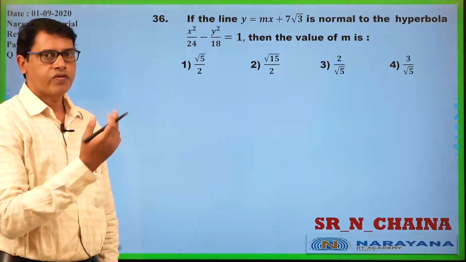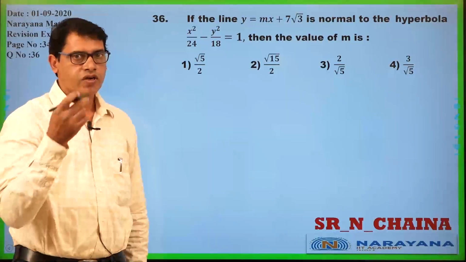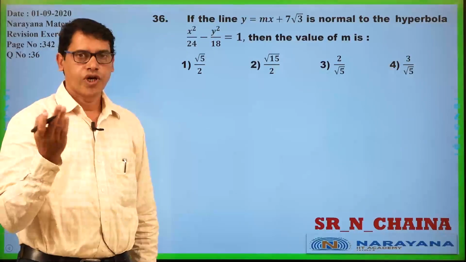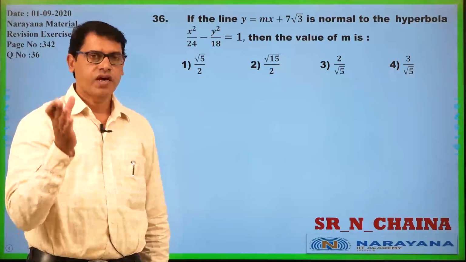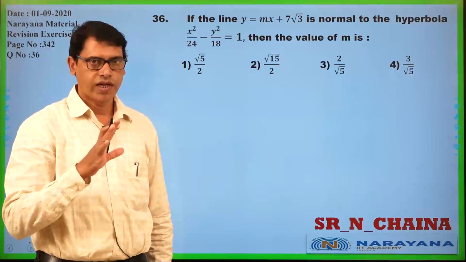Just now we did one question where Lx plus my equals 1 is a normal. Comparing the similar terms, you can do like that. Otherwise, we have the direct formula.